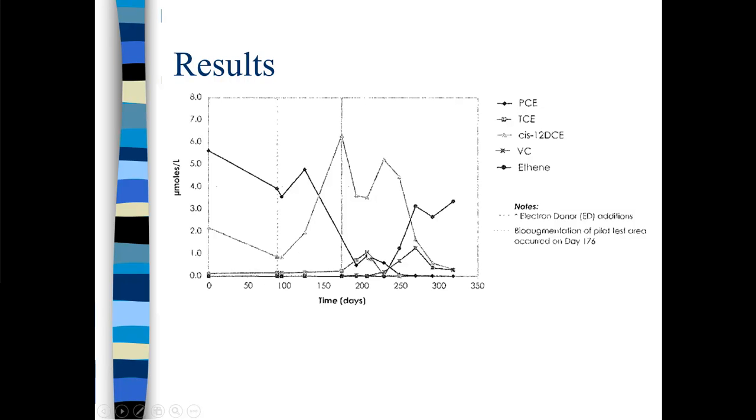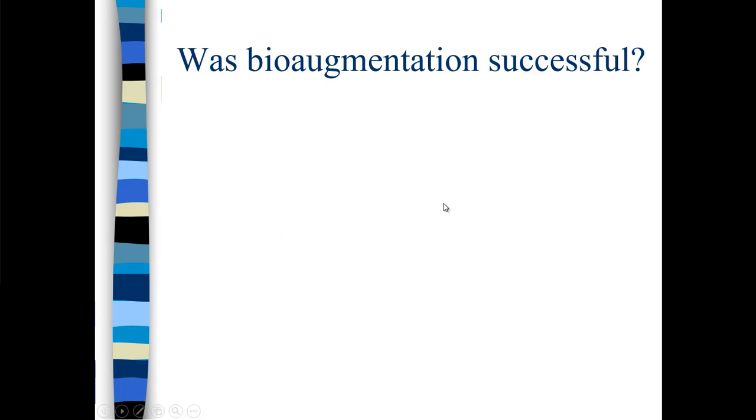And you did see some increase in vinyl chloride, and we want to be very careful with increases in vinyl chloride because that's a more potent carcinogen, and that's much more hazardous to humans. So over time there were some increases in vinyl chloride, but ultimately at the end of the remediation, everything was primarily dechlorinated until you had ethene. Okay, so it was successful.